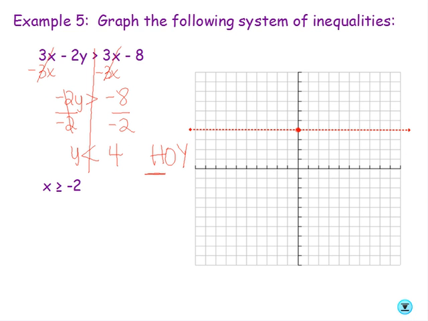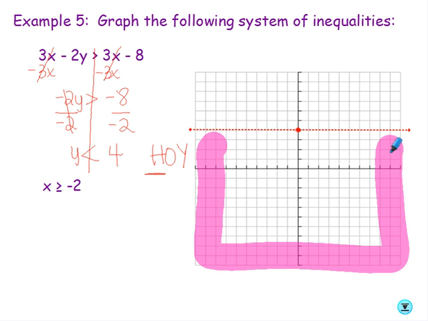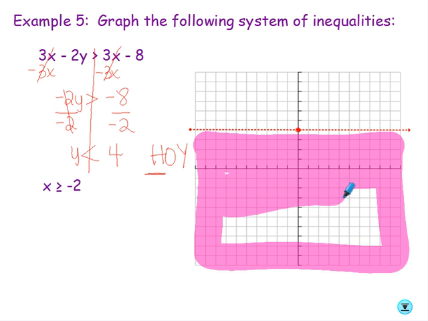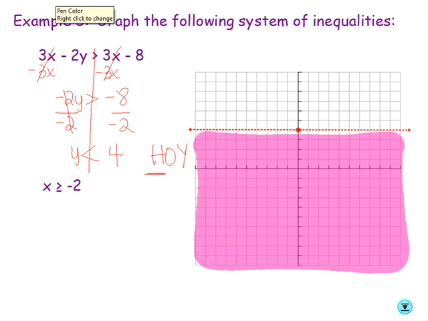And finally, I need to shade. This is less than, so I need to shade down. And let's look at the other equation. This one is already solved, but there is no y.